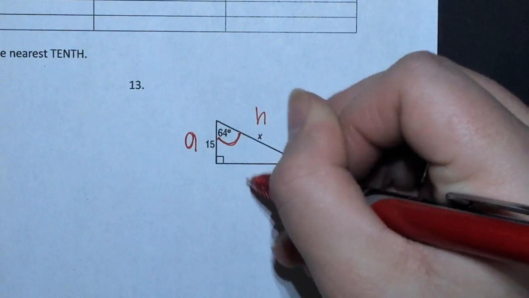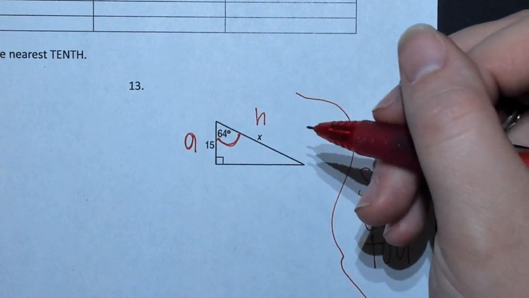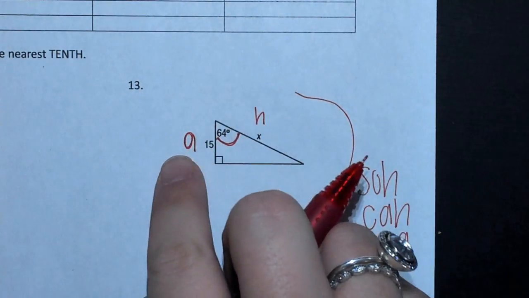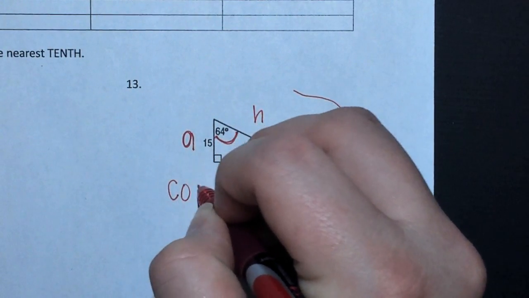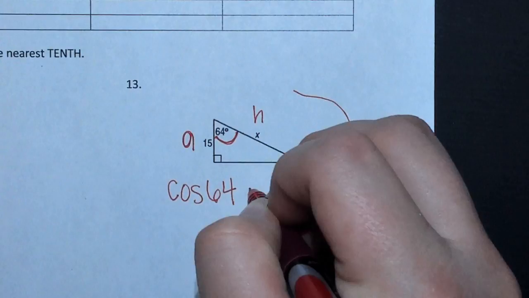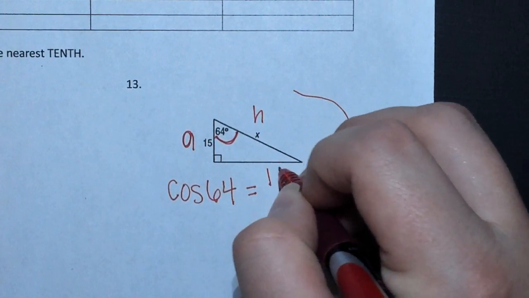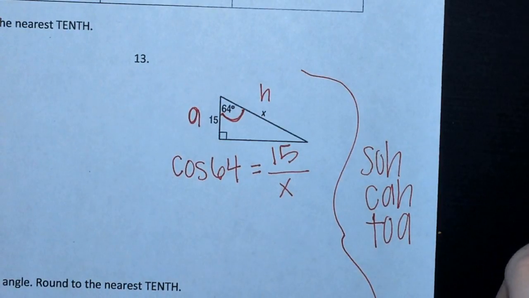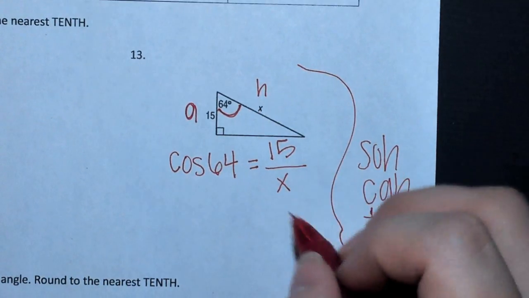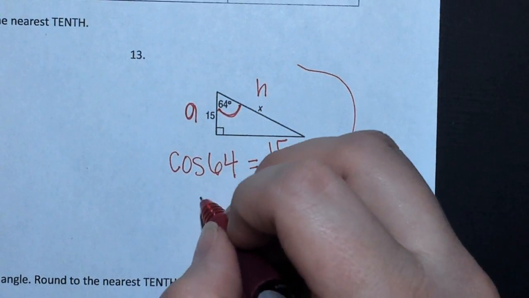If I needed this, this would be O. SOHCAHTOA, the only one that uses A and H is cosine. So cosine 64 is equal to A over H. If the X is down low, do the trick. Swap them.